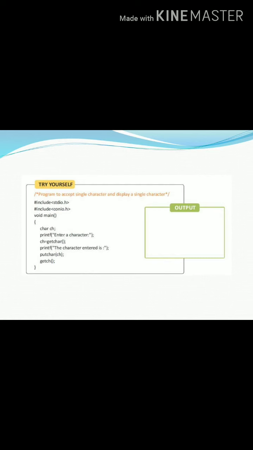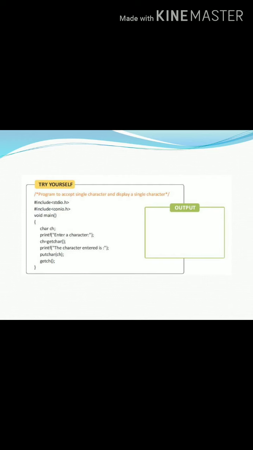What should it display? The variable, whatever is saved in that variable. Which variable? ch is the variable. It will retrieve the data from ch and display it with the help of the putchar function. The last one is the getch function again, then the close bracket.